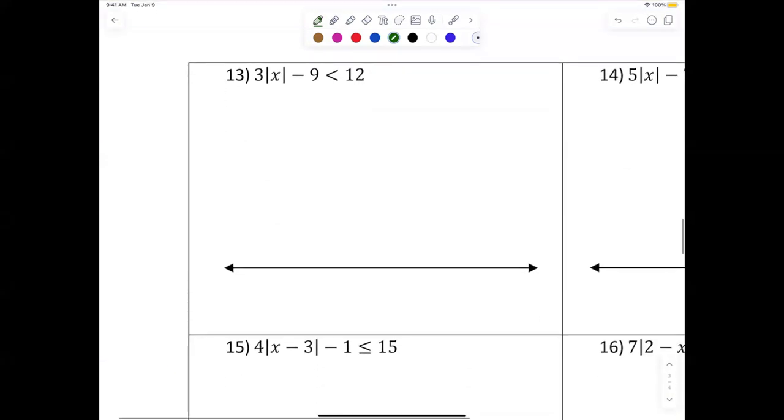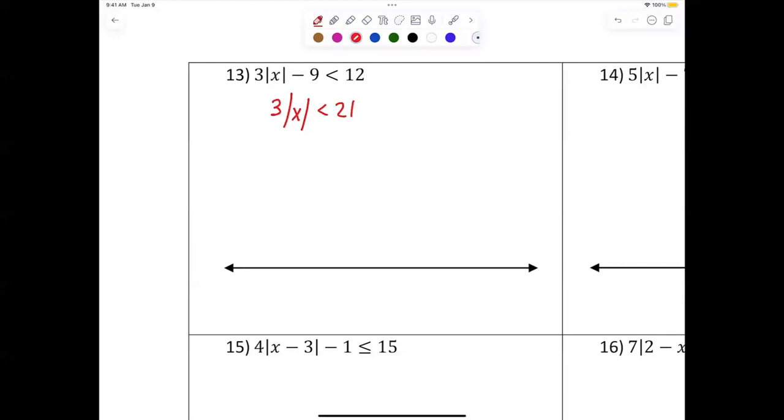What do I have to do first now? You could, but better to do what first, though? Add 9. You're treating it just like it's 3x minus 9 is less than 12. Add 9 first. So now I have 3x less than what? 21.